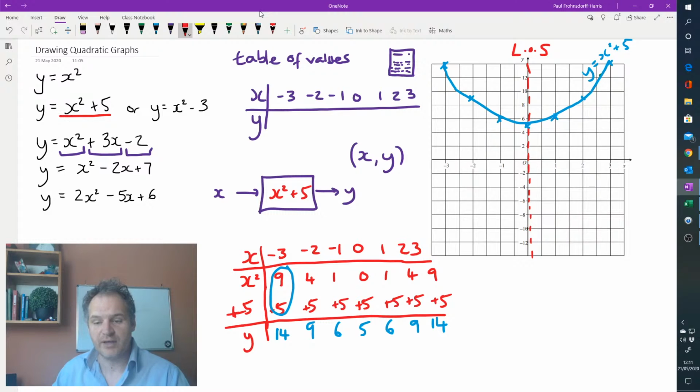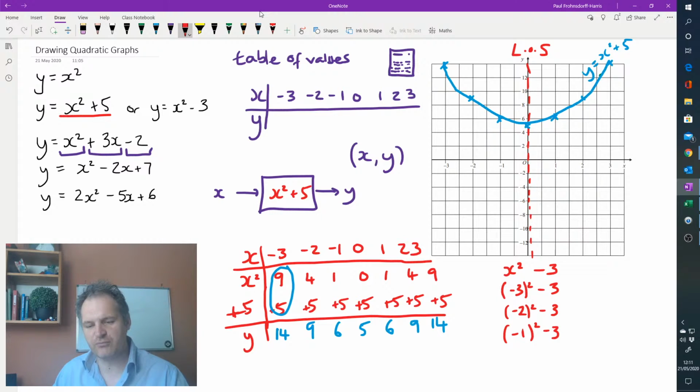What you do is you write x squared minus 3 is minus 3 squared minus 3. On a calculator this is quite quick because you can just change each time. You just substitute them in one at a time and do them either in your head or on your calculator. You don't even need to write these out.